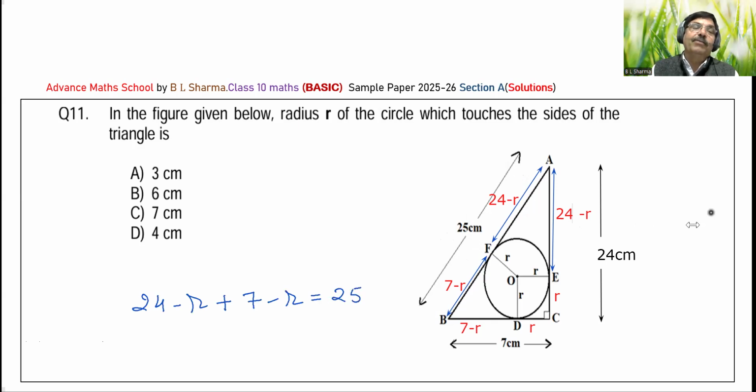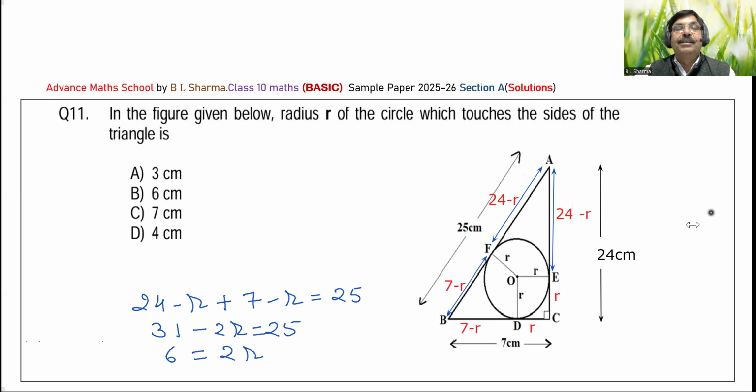Now can you calculate the value of r? So 31 minus 2r is equal to 25. 31 minus 25 is 6, which is equal to twice r. What is the radius? The radius is 6 by 2, that is 3 centimeters.